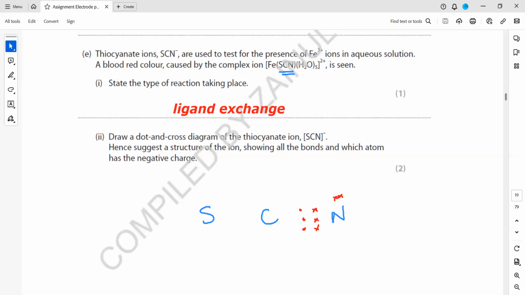Now what about sulfur? Because now we are left with only 1 on carbon. So if carbon forms 1 bond, sulfur will form 1 bond. But sulfur belongs to group 6, so it must be stable. It shares 2 electrons, and unshared will be 4.